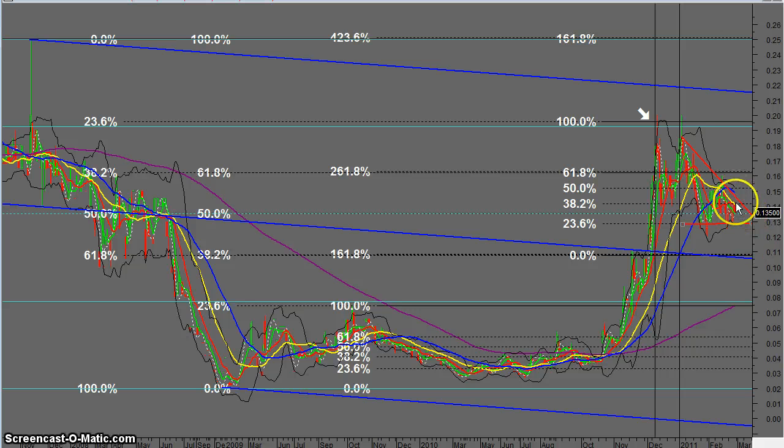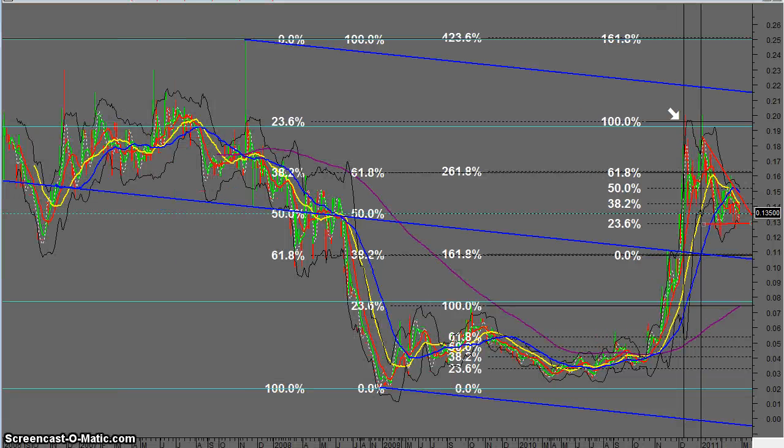And at the moment, until it breaks out of this triangle heading up, I can't really see a great deal of reward in it. If we also have a look at the overall chart, it is still in downtrend. Even though it's had this nice big up move, it is still overall a downtrending chart.